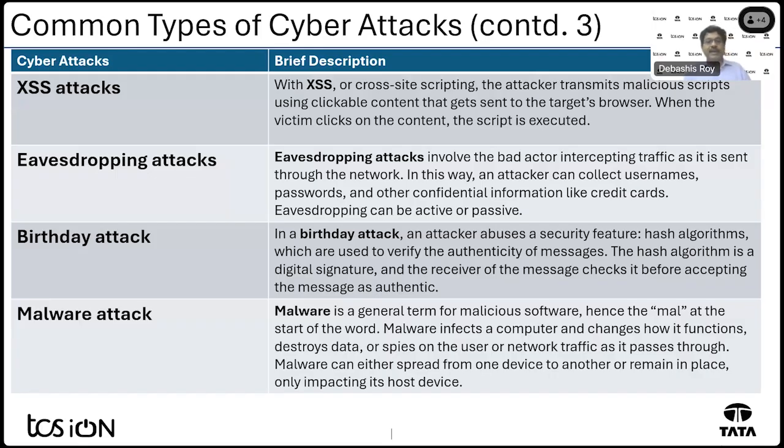Birthday attack: the attacker abuses a security feature called hash algorithms, which are used to verify the authenticity of messages. The hash algorithm is a digital signature and the receiver of the message checks it before accepting the message as authentic. So when a birthday attack is carried out, it modifies the hash algorithm itself, so it does not get to the proper one, but diverts it to something else.